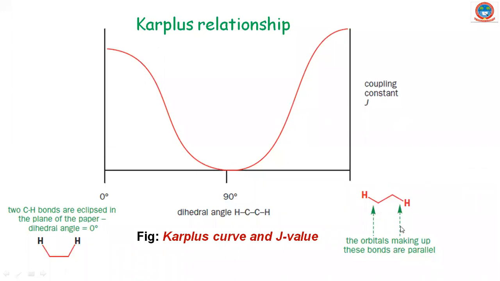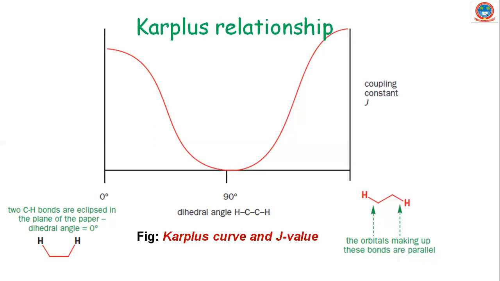Their orbitals will sense each other. There will be coupling between the protons, and then they will split according to the neighboring n+1 rule. We have seen many examples, right? So no need to get confused or worry about it. Just have an idea of the effect of the Karplus relationship, and we know the type of protons.